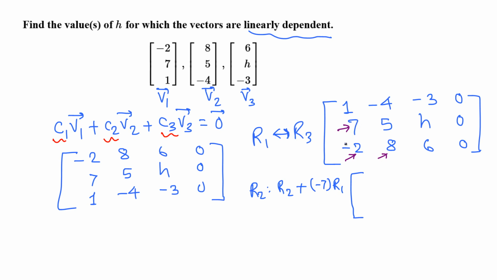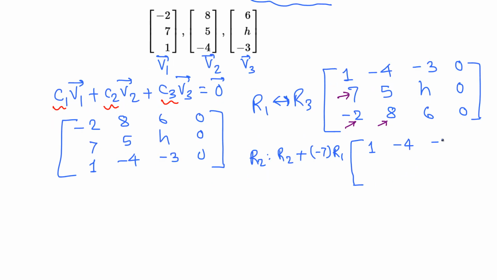So here 1 -4 -3 0. Now 7 plus -7 times 1 is 0. 5 plus -7 times -4 is 5 plus 28, which is 33. Here it is h plus 21.